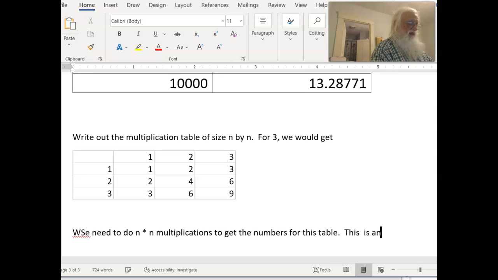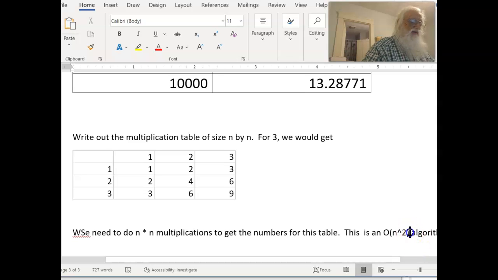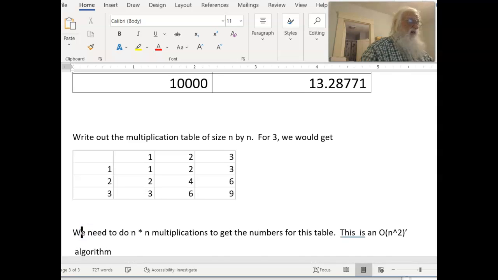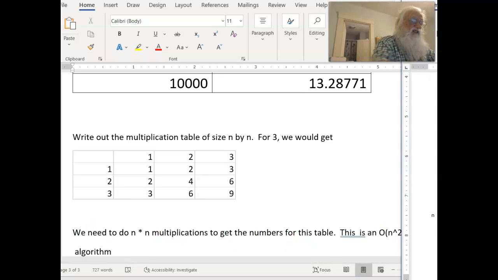This is an order n squared algorithm. We basically like algorithms that have a polynomial bound. Those are good algorithms. And it can get worse, unfortunately.